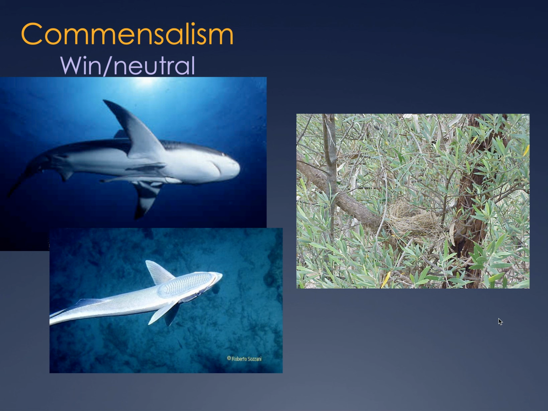Well, that area of the tree is going to be blocked from sunlight, so it's a little bit negative. On the other hand, all the little baby birds and mama bird pooping outside the nest is going to fertilize the tree a little bit. So I'm a little happier with this being a sort of a net neutral in bird nests and trees for commensalism.